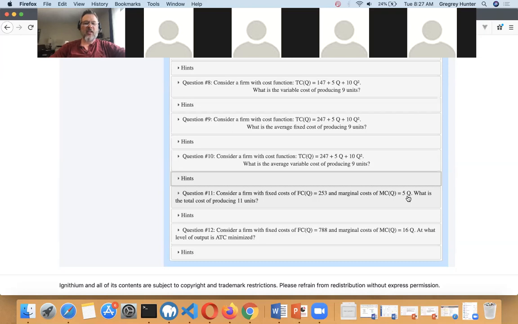If you go ahead and graph that, which everybody should do, you'll see that when Q is equal to 11, it has a height of 55, and if you shade in the area underneath that straight line, you'll see that there's a triangle.